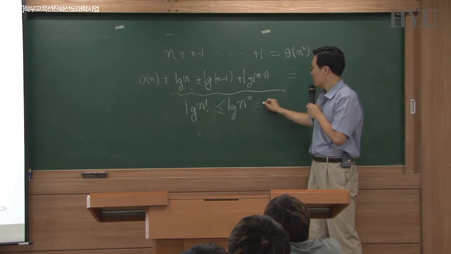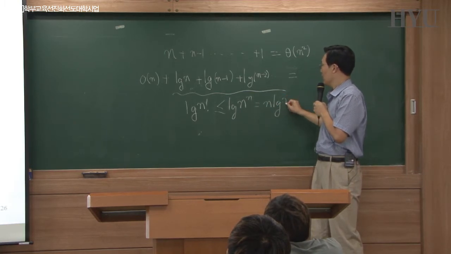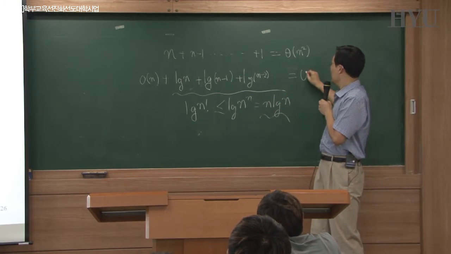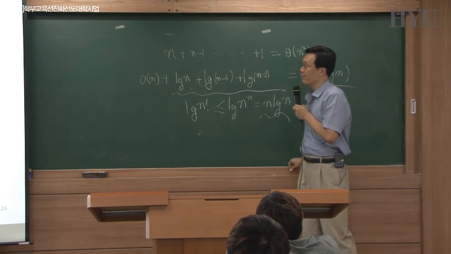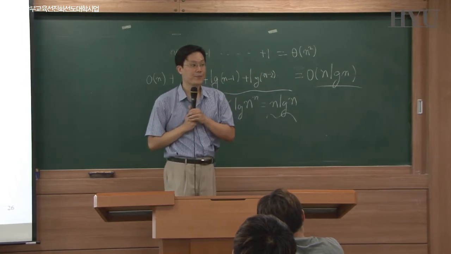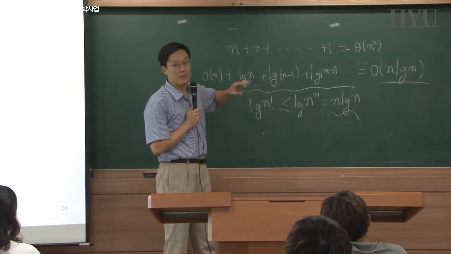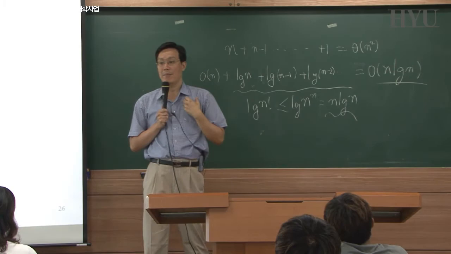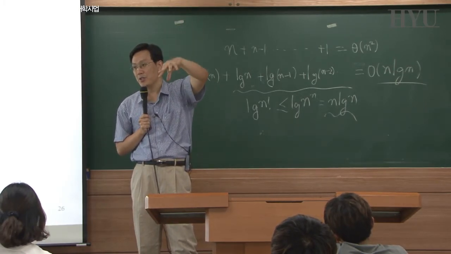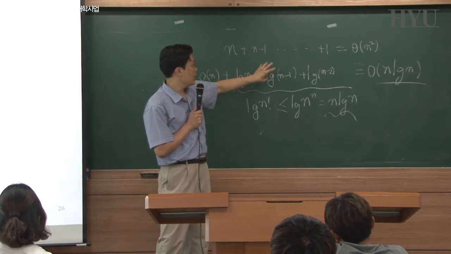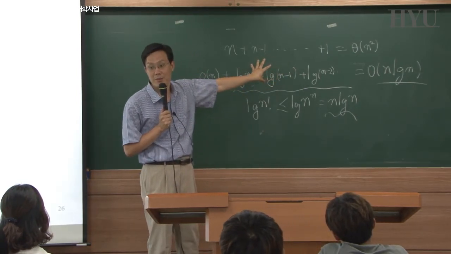So this is n log n. So it is big O of n log n. So by using heaps, we greatly reduce the maximum selection time.